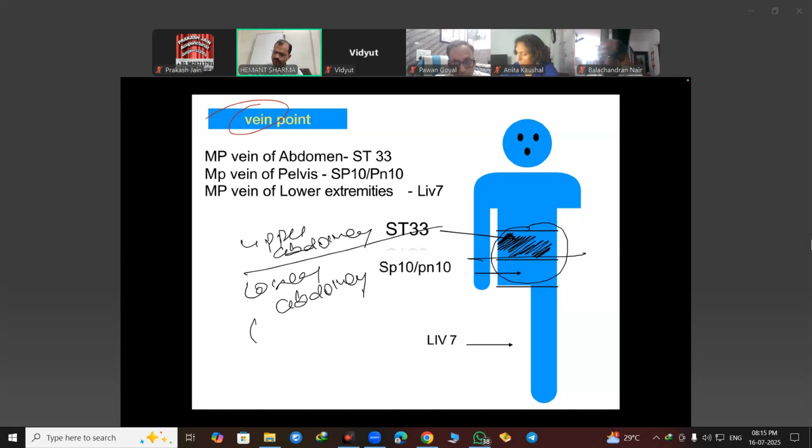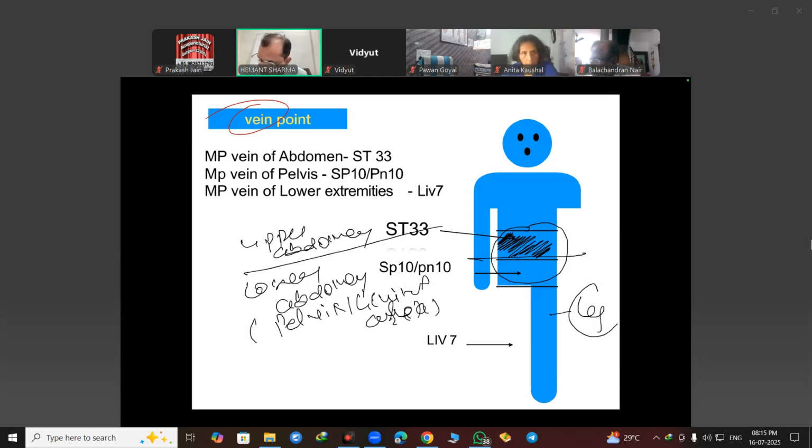Lower abdomen also we can consider as a pelvis or genital area. हम लोअर एब्डोमेन को पेल्विस या जेनिटल एरिया भी कह सकते हैं. And third is the leg, entire leg area, entire lower extremities.